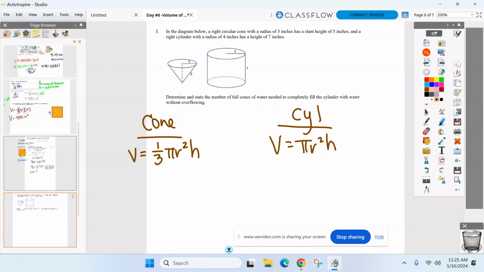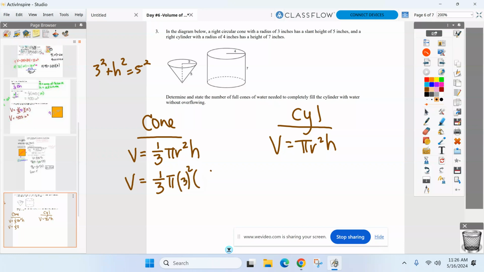Because 5 is the slant height, not the height you want to plug into the formula. As you do Pythag, everyone's finding the height of that cone is 4.